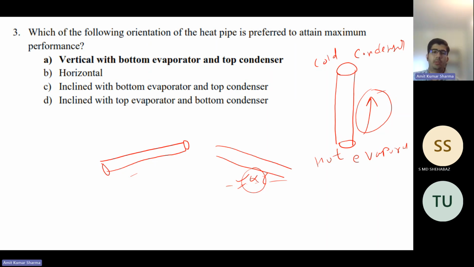Like in our laptops, you can see we have heat pipes. They are only in the horizontal direction, but still they are cooling the laptop. But the heat transfer is not maximum. The maximum will be with vertical, bottom evaporator and top condenser. But what is the reason for that?